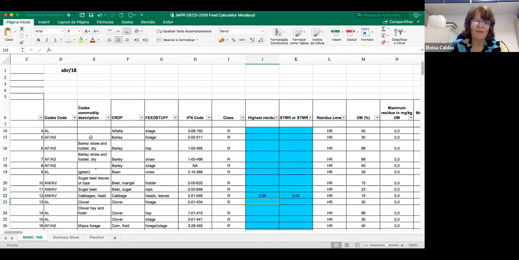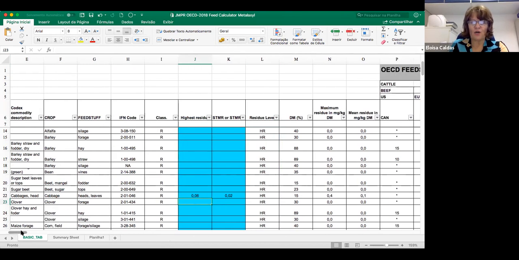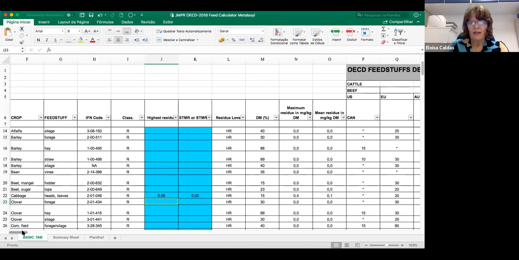Here we have all the feed that the farm animals could eat, the Codex group, the feed itself, the crops, and the codes. Then we have a place to put the HR or the STMR, and here it tells you which one you should use.